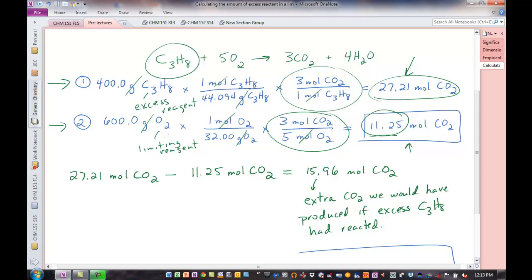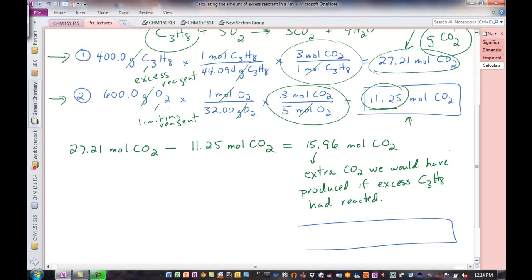And that's what we're going to do. Let me make one point here before we do that. Sometimes the problem might ask you to go to grams of product, so grams of CO2. You can do the same thing at this point with mass. You could subtract the smaller mass from the larger mass in your two calculations to get grams of extra CO2 and then work backwards from there. So watch for that.